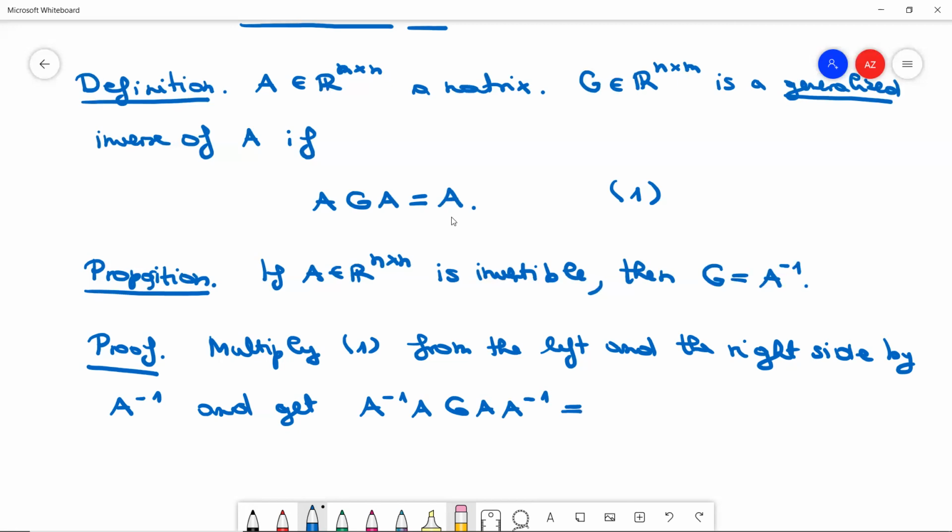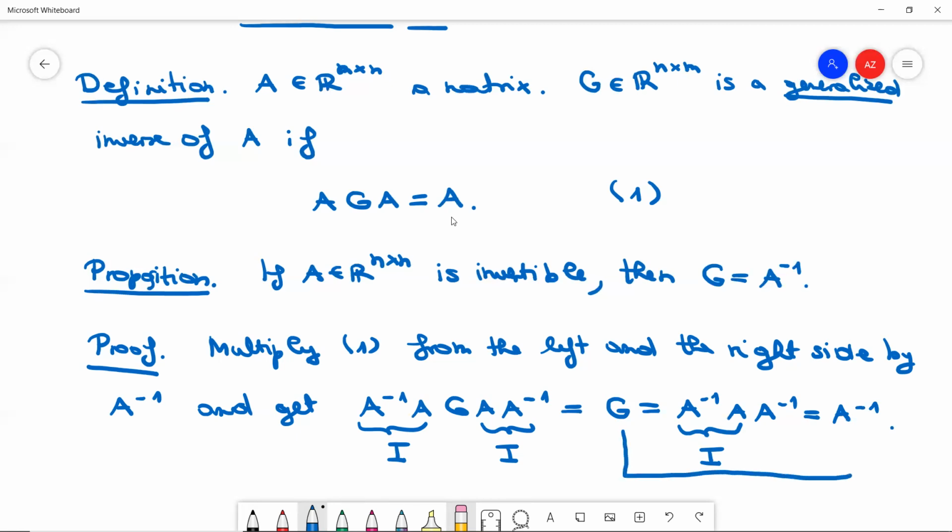This is equal to, so this is identity, this is identity, so this is just G. And on the right side, we get A inverse A A inverse. But A inverse A is again identity, so we get A inverse. And we have that G and A inverse are the same.